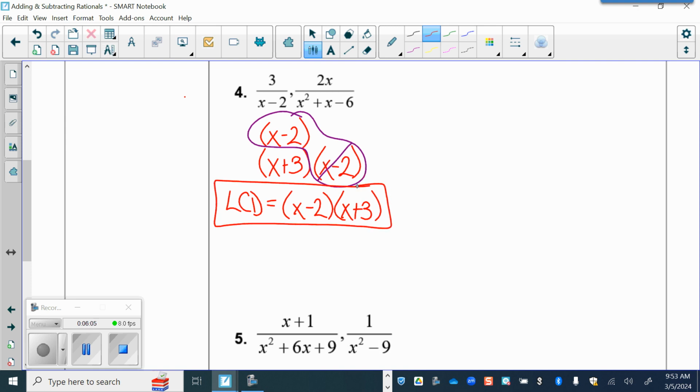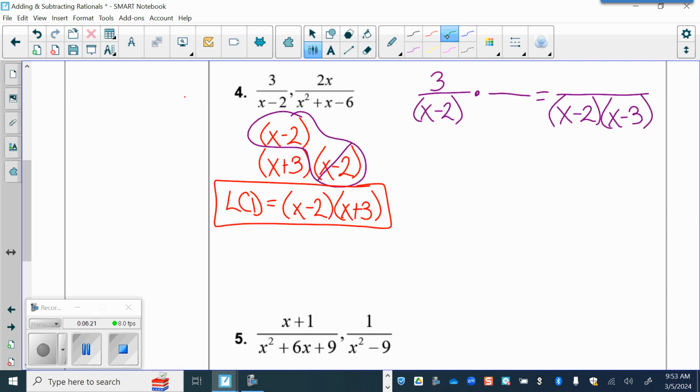So as I go to write these equivalent fractions, I have 3 over x minus 2 times something will give me something over x minus 2, x minus 3. I'm missing the x minus 3.